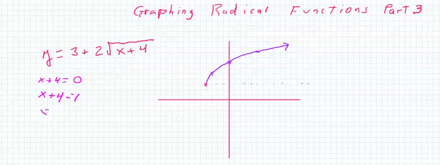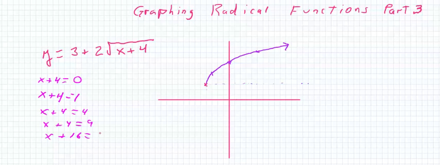And then we looked for x plus 4 equaling 4, x is 0, x plus 4 equals 9, x equals 5, and x plus 4 equals 16.